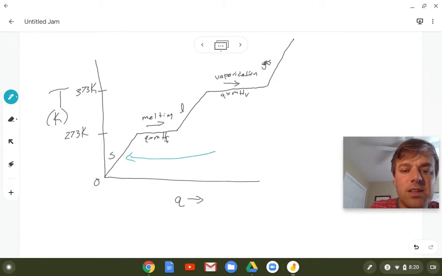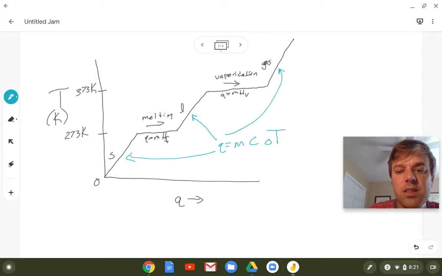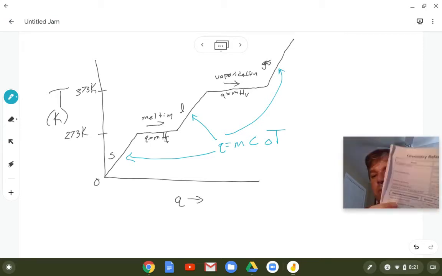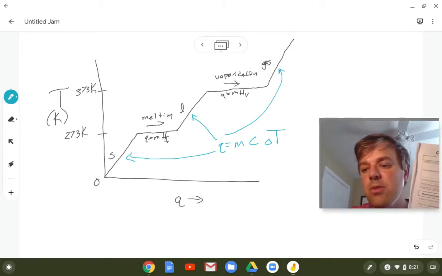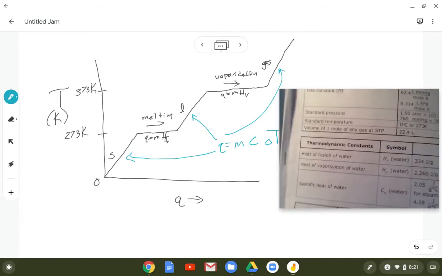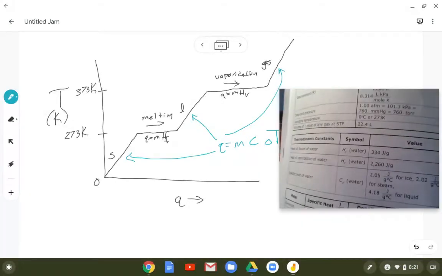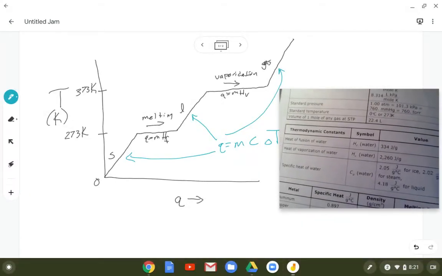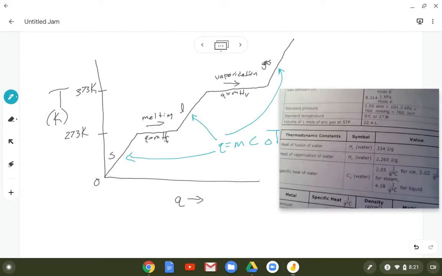The other thing to point out is that if you wanted to calculate how much heat is involved down here with the solid or the liquid or the gas, as its temperature is changing, you would use Q equals MC delta T, the specific heat formula we learned about yesterday. So keep in mind on your reference tables, you've got heat of fusion for water, that's for the solid-liquid transition.